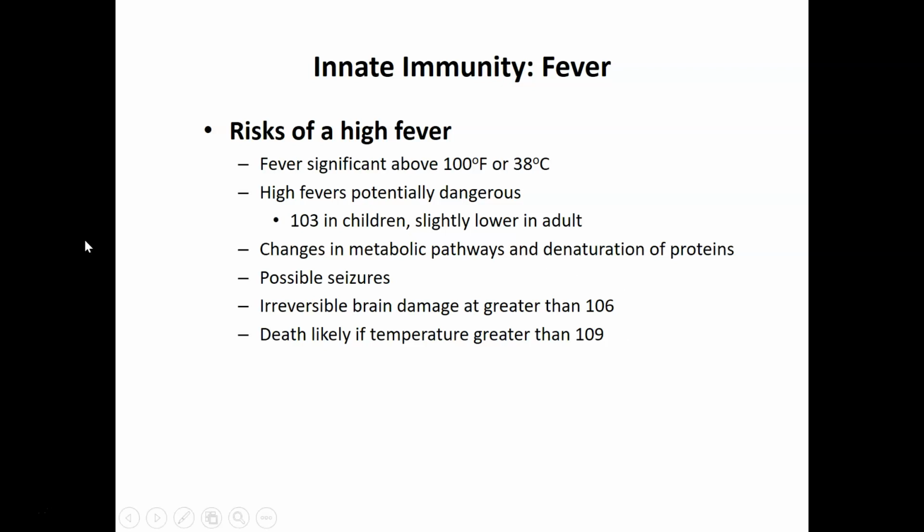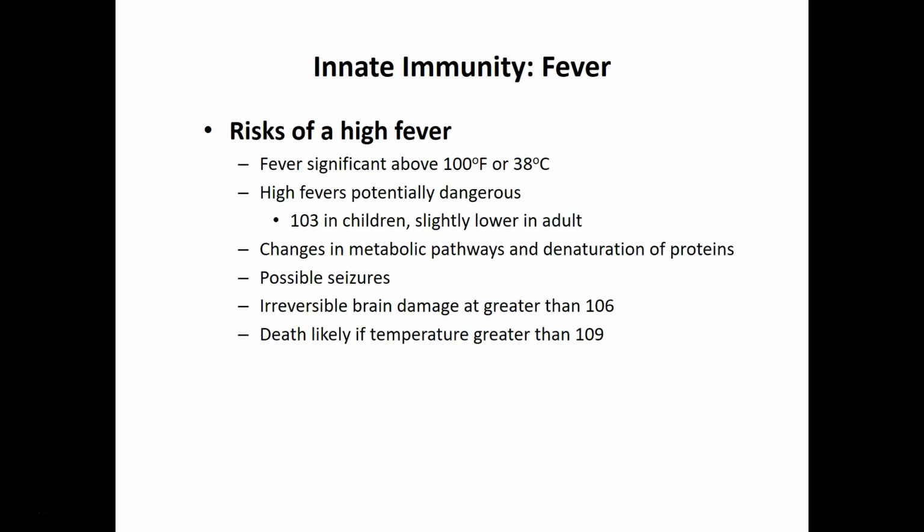And such problems include, first of all, definition of a high fever. So above 100 degrees Fahrenheit or 38 centigrade. And these can be dangerous above 130 in children or even lower in adults.